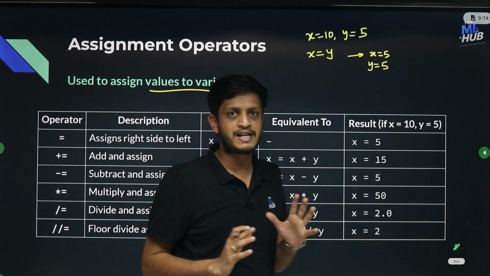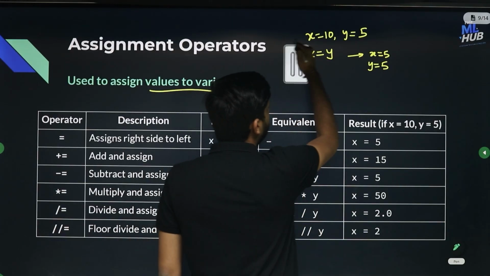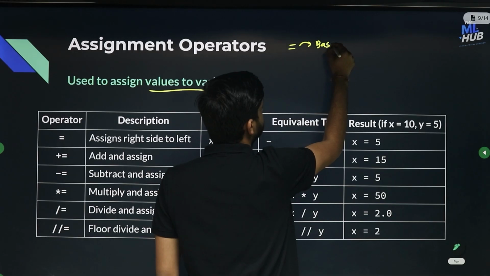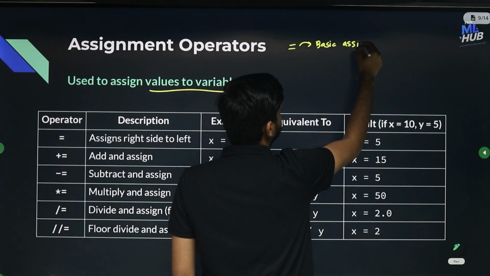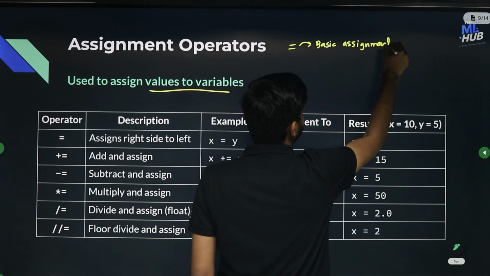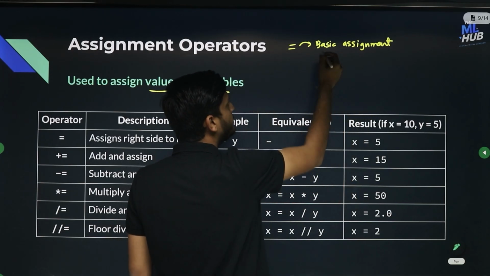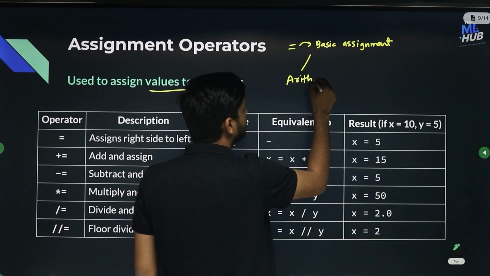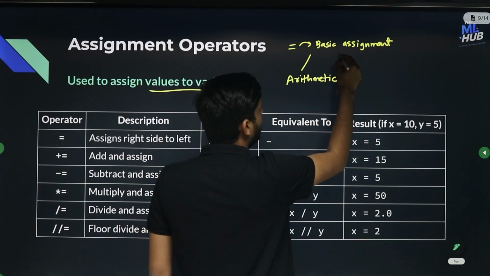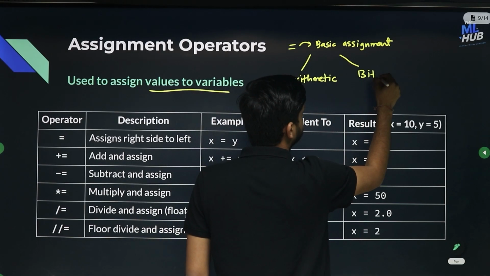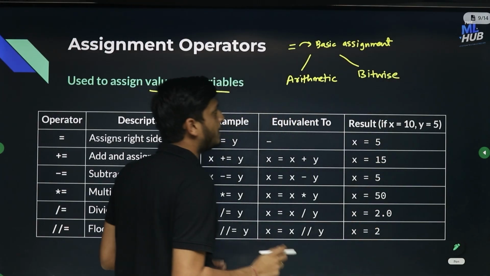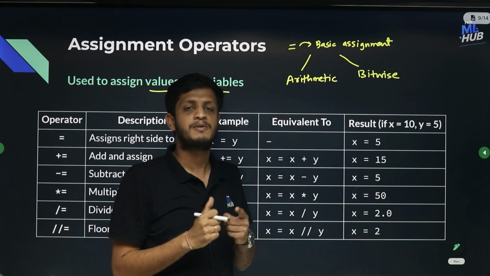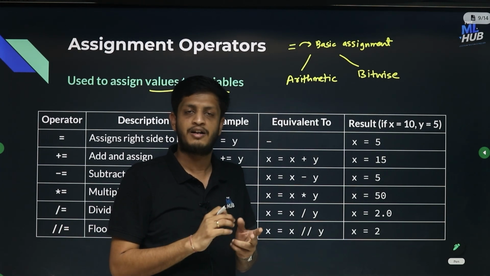Now this is the most basic assignment operator, but we can actually combine the basic assignment operator. This is the basic assignment operator. It just does assignment. Right? You can actually combine the basic assignment operator with the binary arithmetic operators and binary bitwise operators. You can actually combine the basic assignment with all the binary arithmetic operators, which means plus, minus, multiply, divide, exponent, everything.